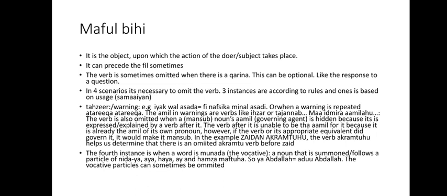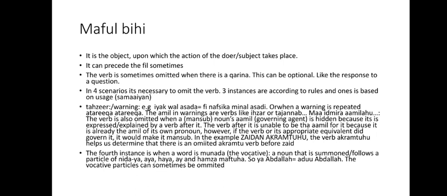And it's necessary to omit the verb in 4 scenarios. 3 of these instances are according to rules, and 1 is based on usage, sama'an. So the first one is tahdhir. This is warning. There are two ways that this can occur when warning in Arabic.